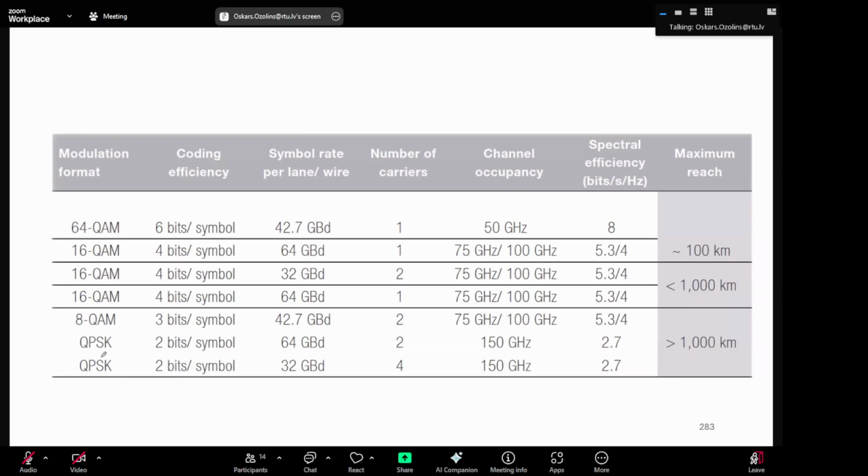For a longer reach, you have less complex modulation formats, which means the distance between symbols is much larger. Therefore, you can tolerate more noise in the system. So in the case of noise, it is all about how much noise one can tolerate.